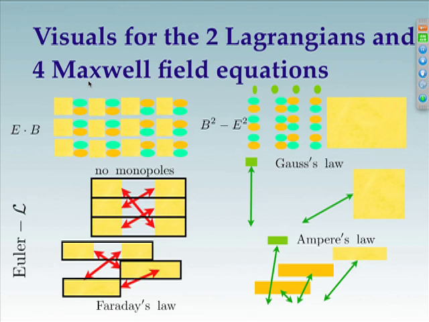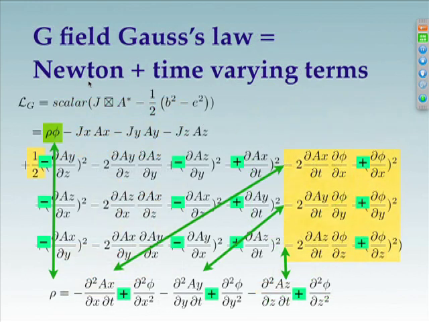And then we've got Gauss's law, which uses this B squared minus E squared Lagrangian, where the B's are separate from the E's, so they're not mixing together and crossing each other, stamping each other out. Then we went ahead and did what I'm calling the G field.